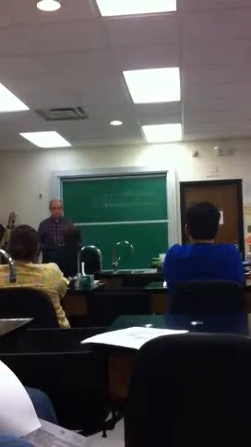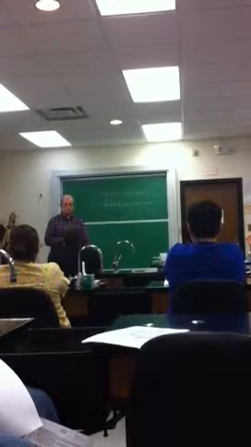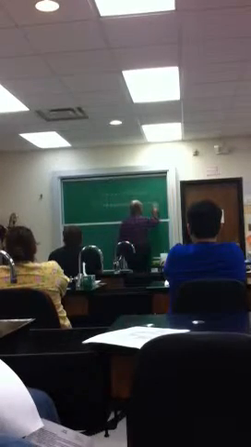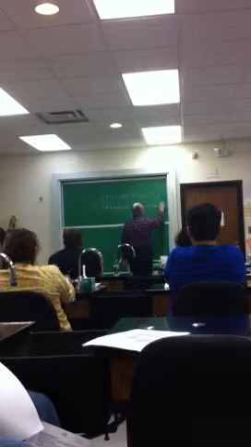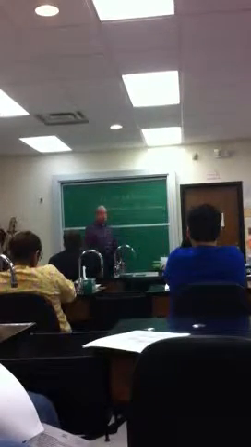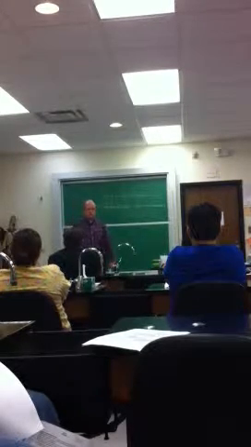Here's the exception. Specific gravity has no units. No units. But to write it correctly, you need to put 4 digits: a 1, a decimal, and 3 digits. Just like that. All right?